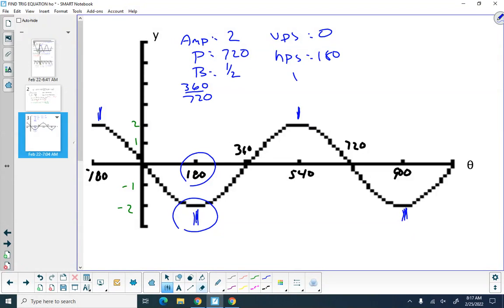What's your equation? Y equals 2 cosine 1/2 theta minus 180. Okay, he has 2. We have no vertical phase shift, so we have no values out front. We have 2, which is our amplitude, cosine 1/2, theta minus 180.